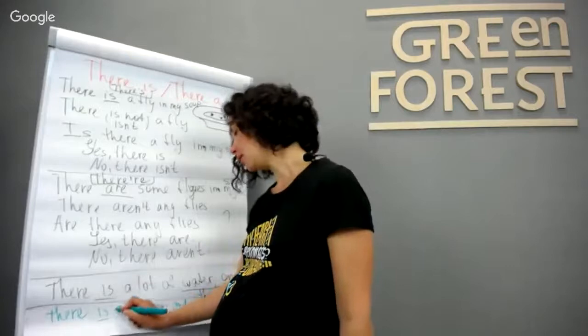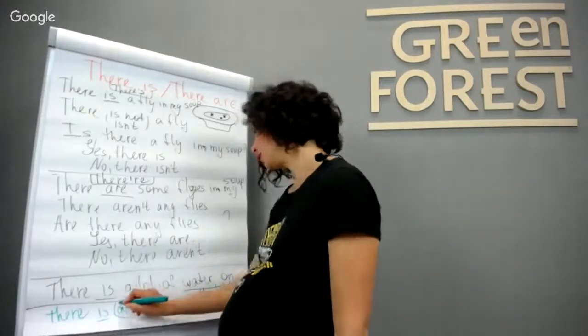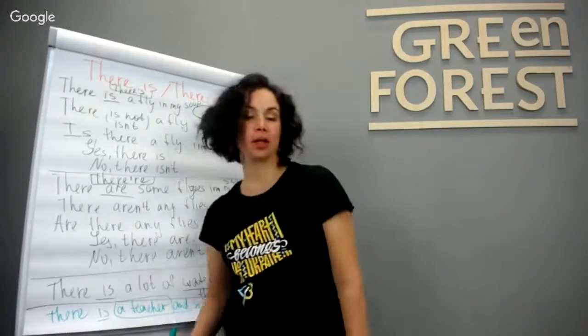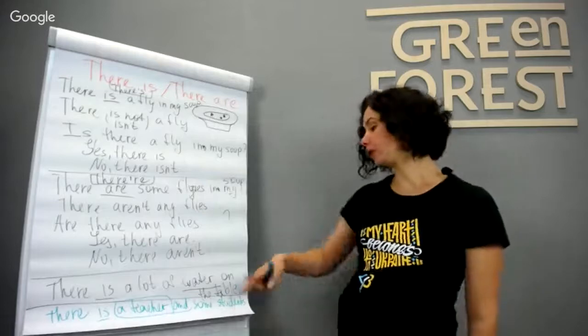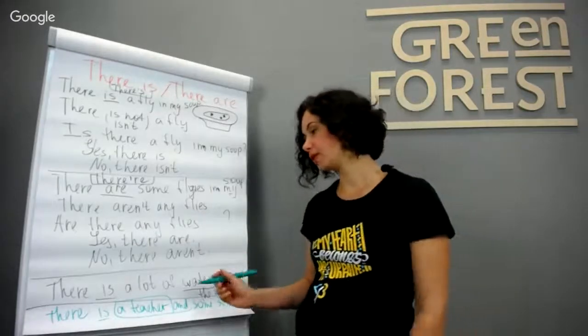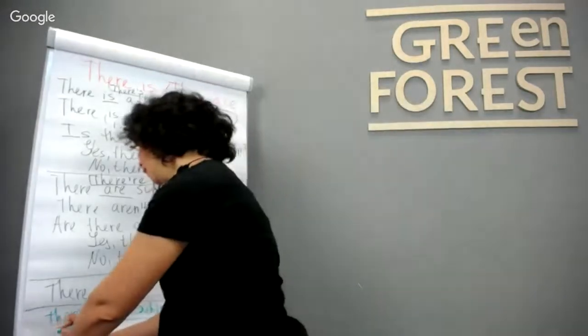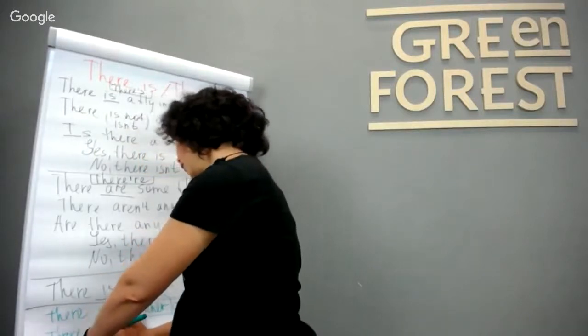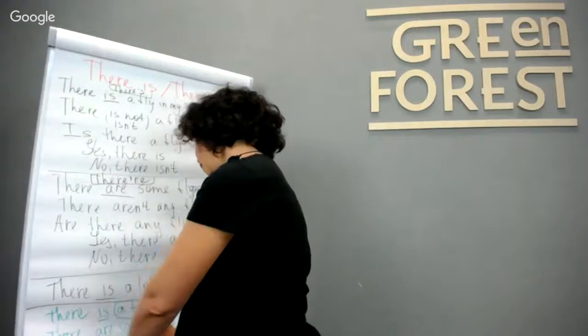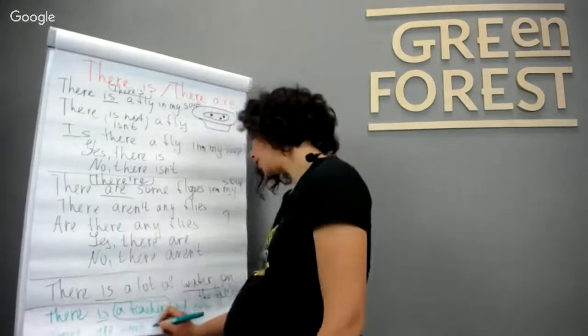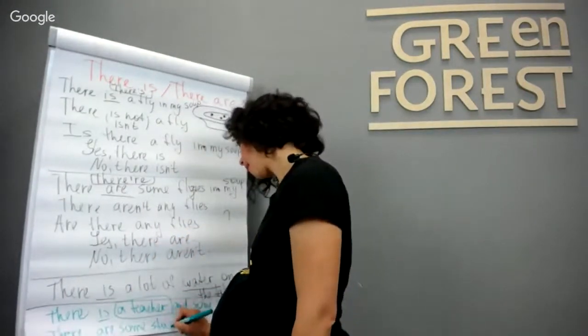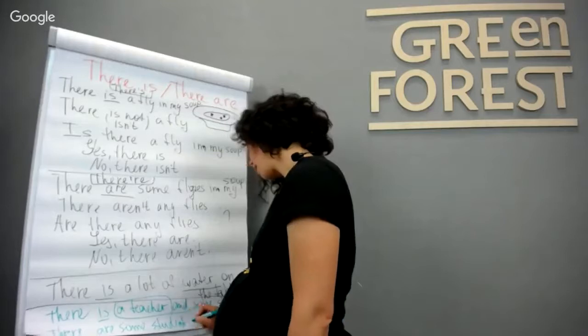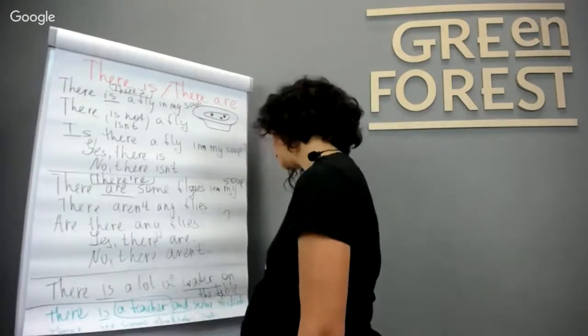So we say "is" because the first word after this construction is singular. If we change their places, let's think what we will have. We will have, of course, "are". There are some students and a teacher.